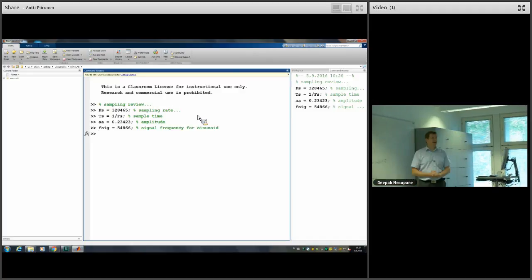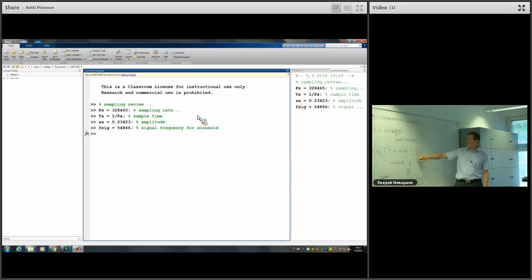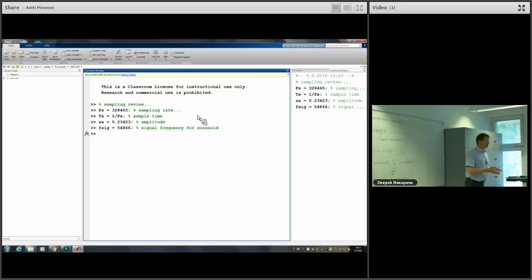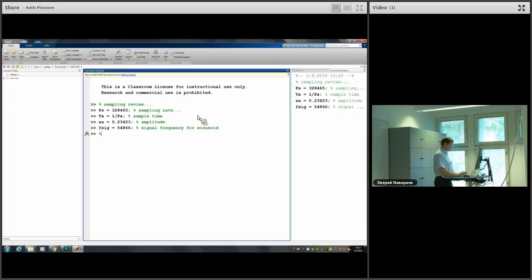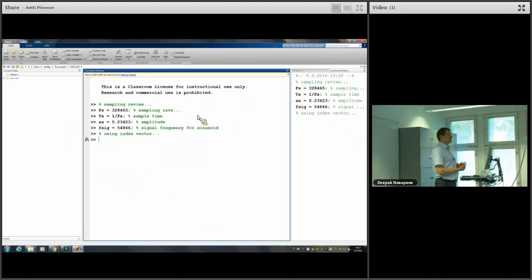Now we have almost everything except the index vector. Somehow you need to define the index vector. If you have an index vector, you can then use n times ts, or n divided by fs. Let's do that first and then take a look at another way of doing it. Setting up the index vector is really good if you need to generate a small amount of data, small sequences that you would stem plot.